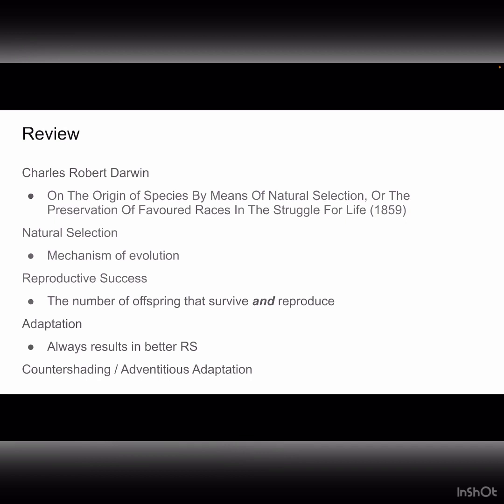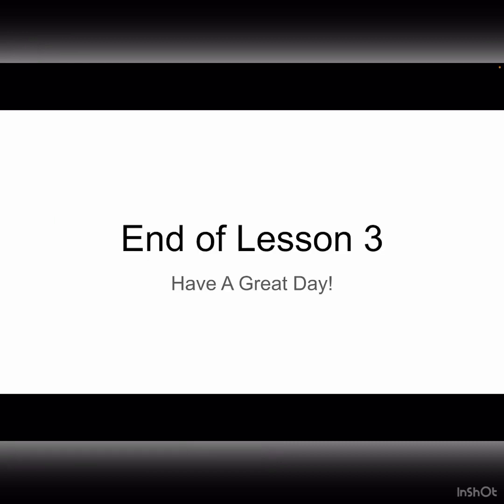One of the tenets of natural selection is differential reproductive success. Reproductive success is defined as the number of offspring that survive and reproduce. Something that always increases reproductive success, that is, a beneficial trait or characteristic, is an adaptation. And finally, countershading and adventitious adaptations are 2 unique forms of crypsis, otherwise known as camouflage.